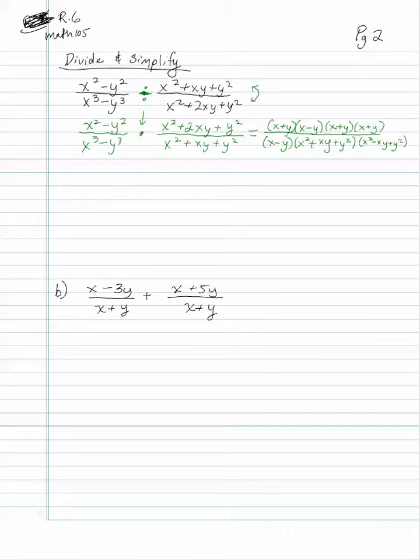And then we cancel one on top for bottom, and I end up with x plus y cubed over x squared plus xy plus y squared squared. Okay? So that's dividing. Now for adding and subtracting, let's try.